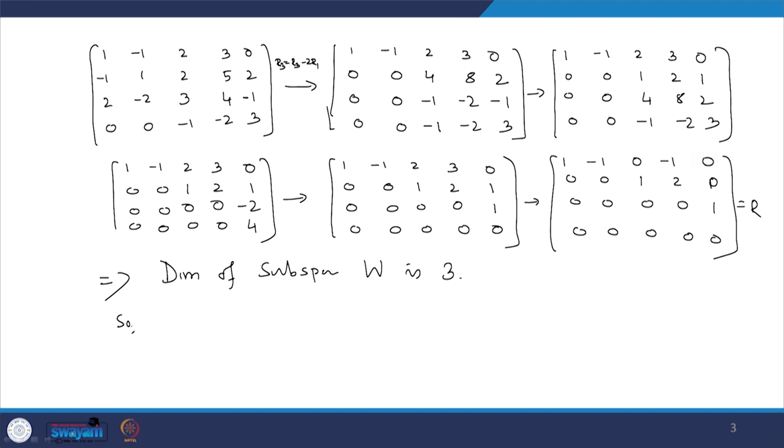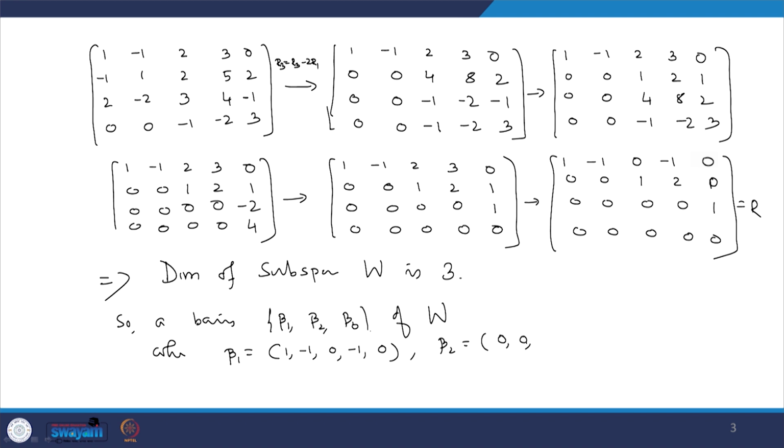So, we have a basis consisting of beta 1, beta 2 and beta 3 of W, where beta 1 I can consider as 1, minus 1, 0, minus 1, 0, and beta 2 as 0, 0, 1, 2, 0, and beta 3 is equal to 0, 0, 0, 0 and 1. So, I have basically a basis for the subspace W.